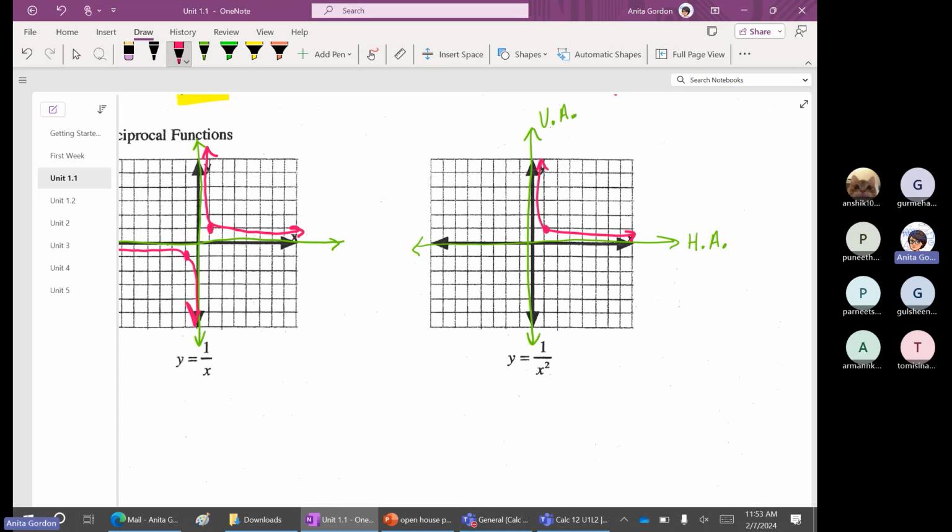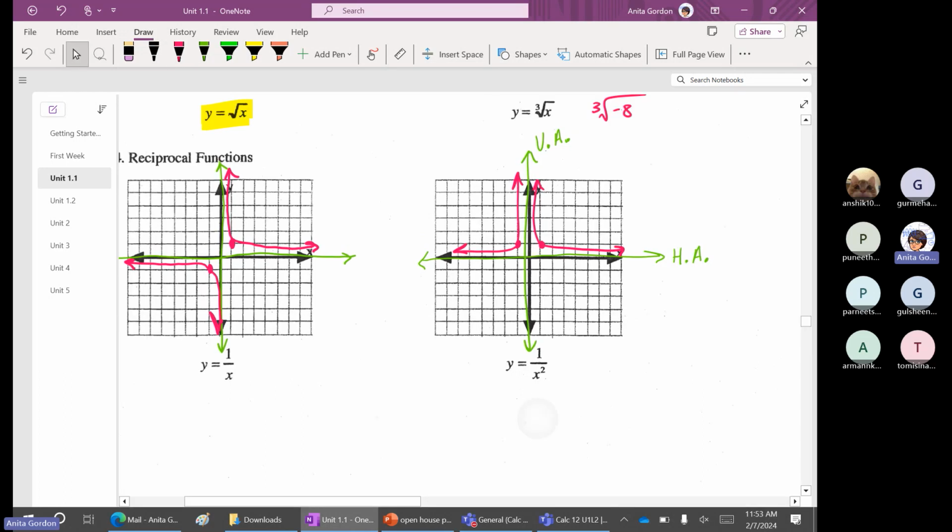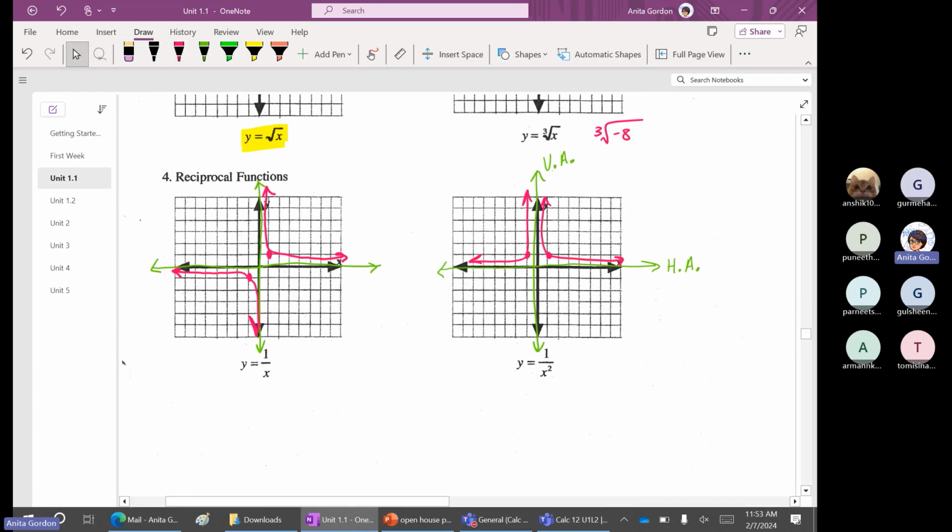So we're getting closer to 0 much quicker, and we're going to infinity much quicker. What happens if I say x is -1? We're going to be in the second quadrant. Right. Rather than being in the negative quadrant, number 3, we are going to be in the positive quadrant, number 2, because of the squared. Are we pretty comfortable with that?